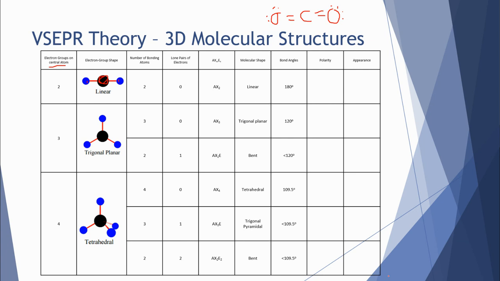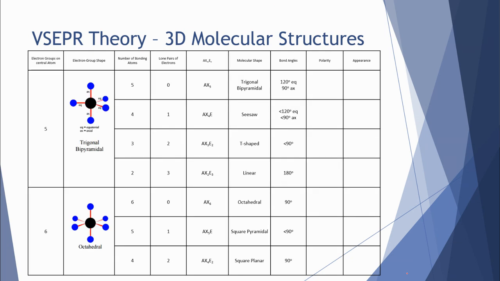And so notice both trigonal pyramidal and bent have an angle of less than 109.5, and tetrahedral has a bond angle of 109.5. So here are a few more. Take a minute to study them. And during class, we'll be playing around with some of these structures and really seeing how to form them and why they form that way.